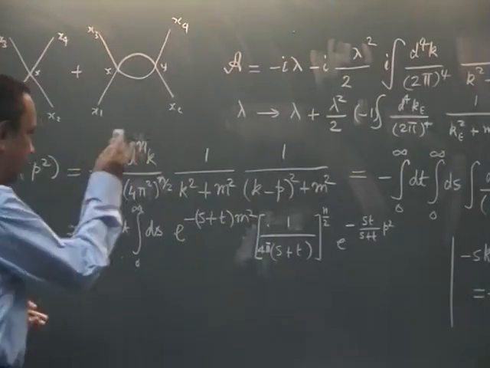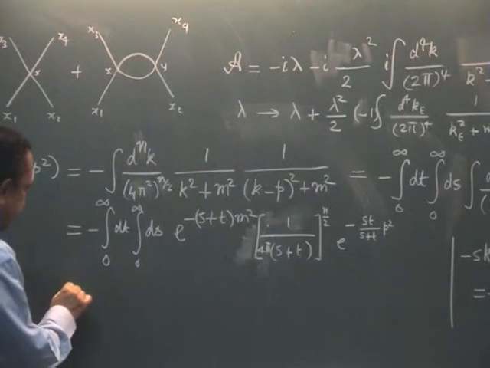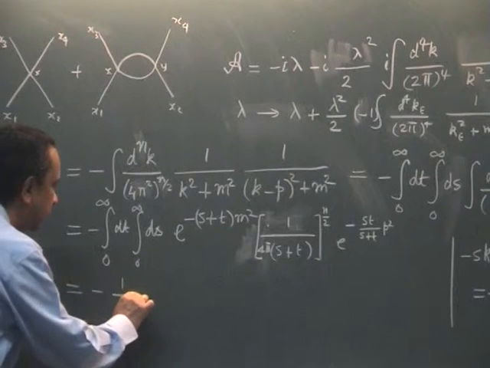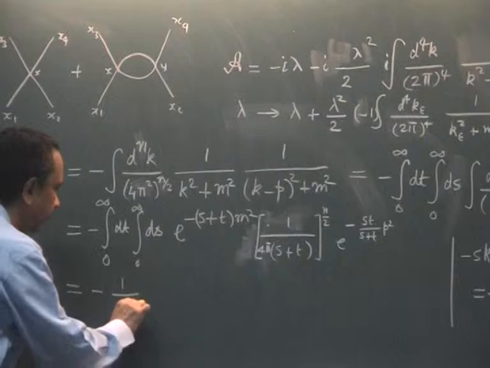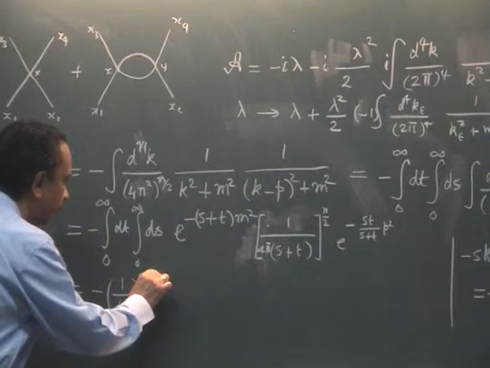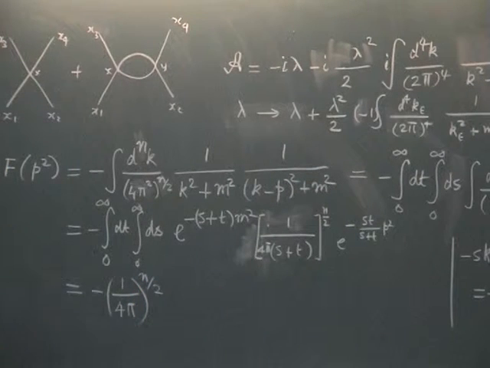So let us see what happens next. So this is going to be 1 over (4 pi) to the power n by 2. This goes for a ride for a long time.